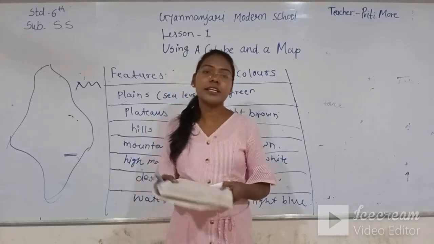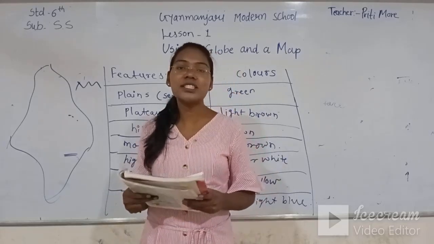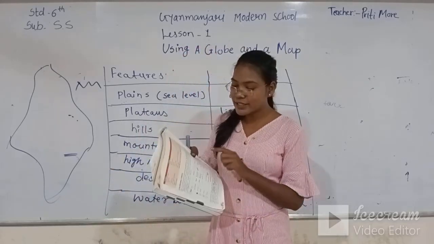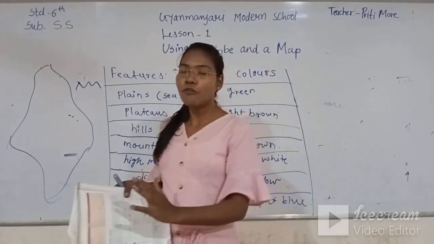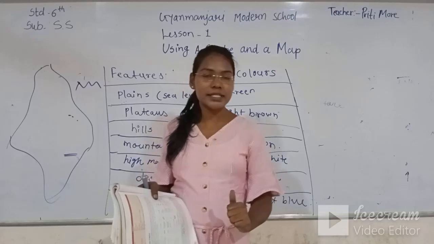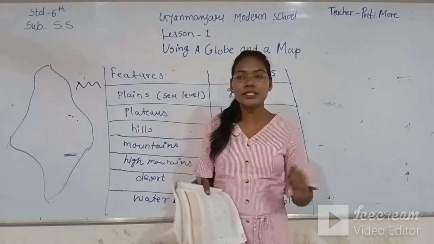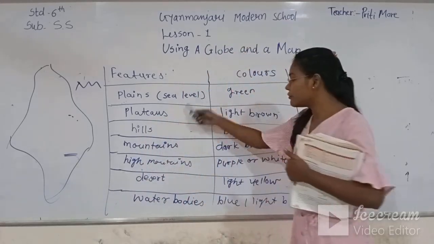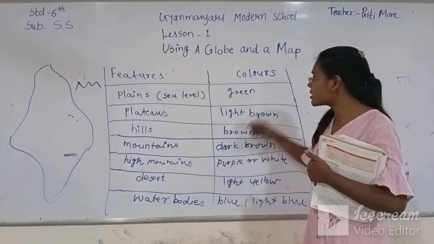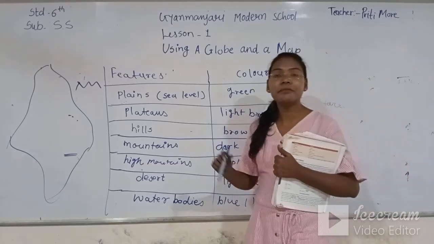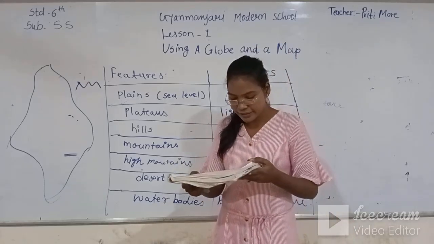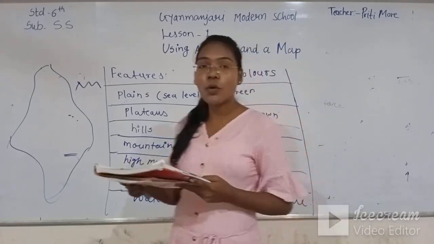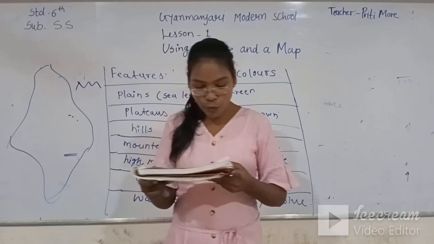Different symbols are there for all those things. Once you get all the symbols, that means for the temple which symbol is there, for the post office which symbol is there, for the school which symbol is there, and for which features which color is there, it will be very easy for you to read the maps. So all these symbols are called conventional symbols.